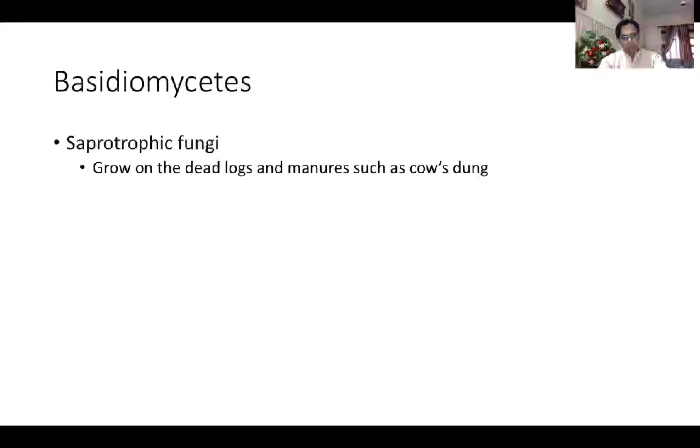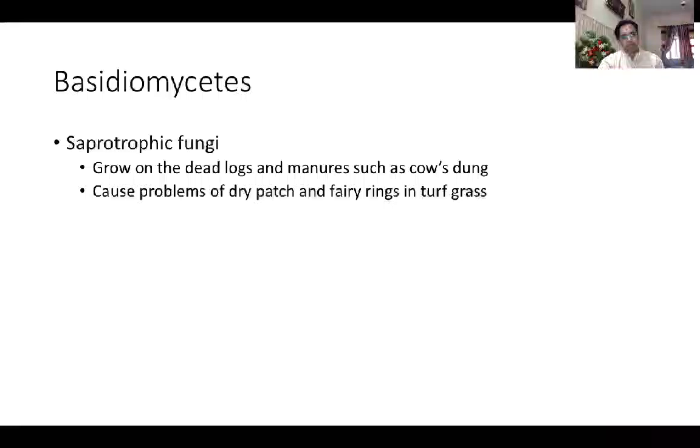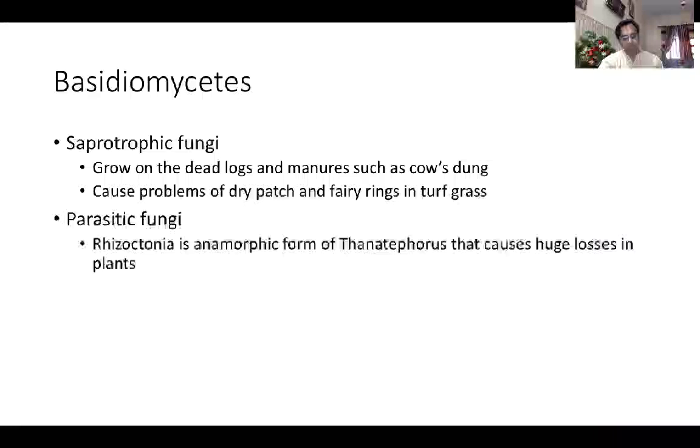So Basidiomycetes are important because of their role as saprotrophic fungi. They grow very well on dead logs and manures such as cow dung, and they also cause problems in turf grasses, such as dry patch and fairy rings, because of their underground growth.